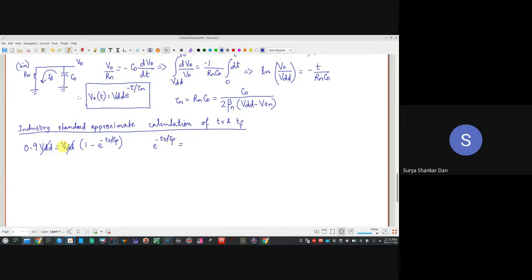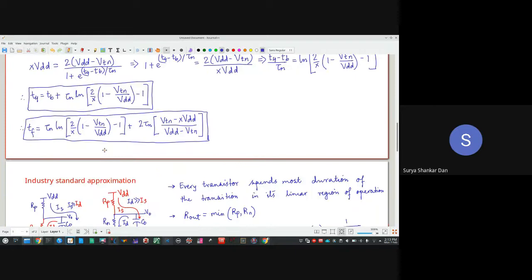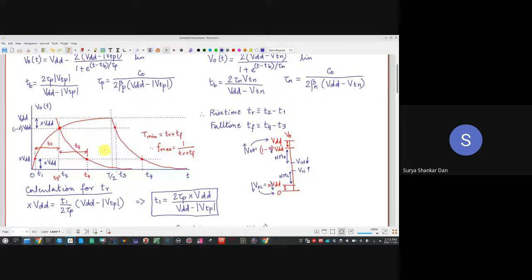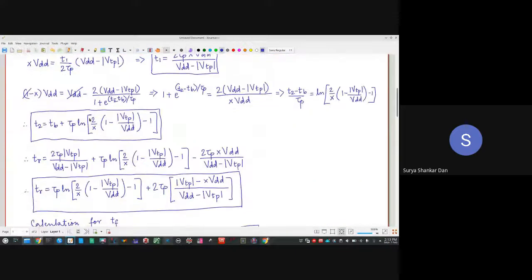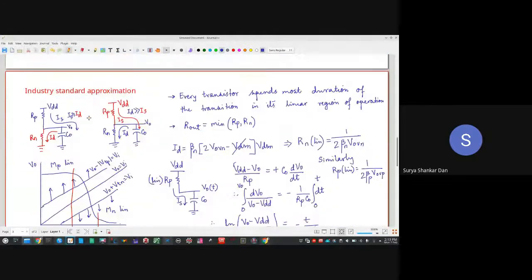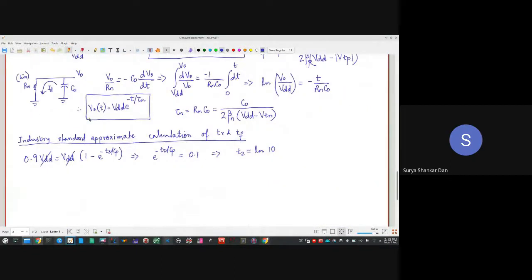it will be 1 minus 0.9. Therefore T2 will be equal to how much? ln 1 upon 10, that is ln 10. Okay, then when will the T1 instance come? I did the same thing towards the beginning of today's lecture. We had found out so much, but here you can see this is so compact, so easy.